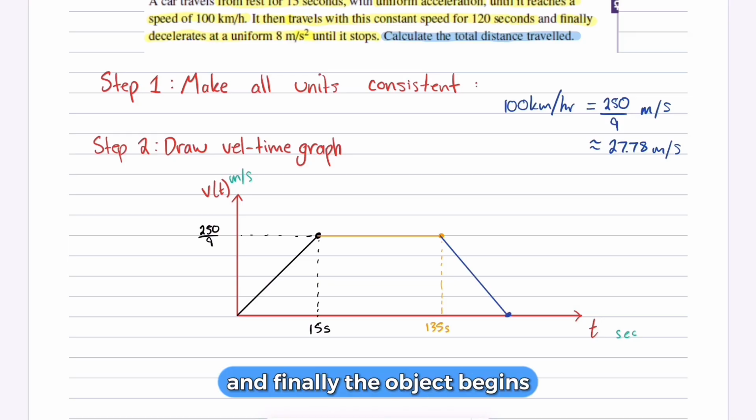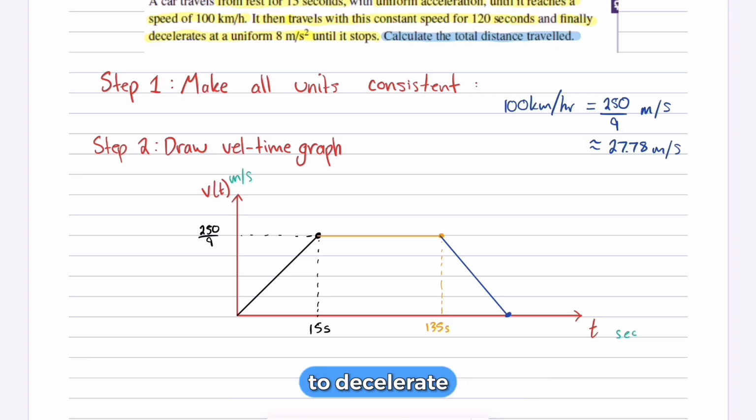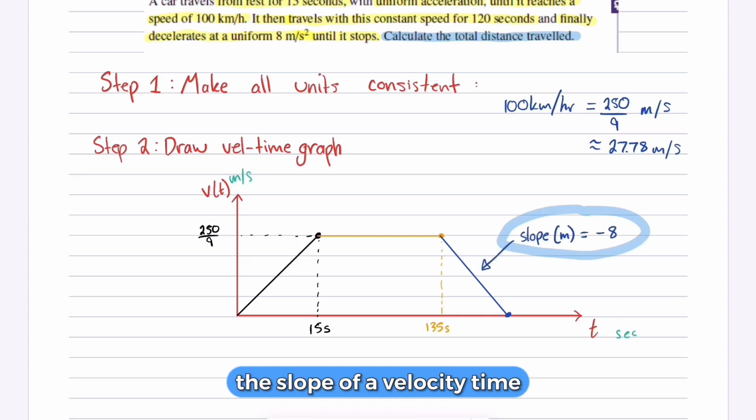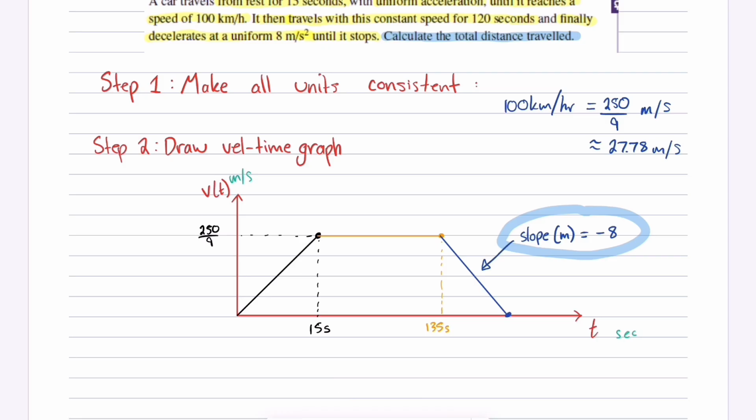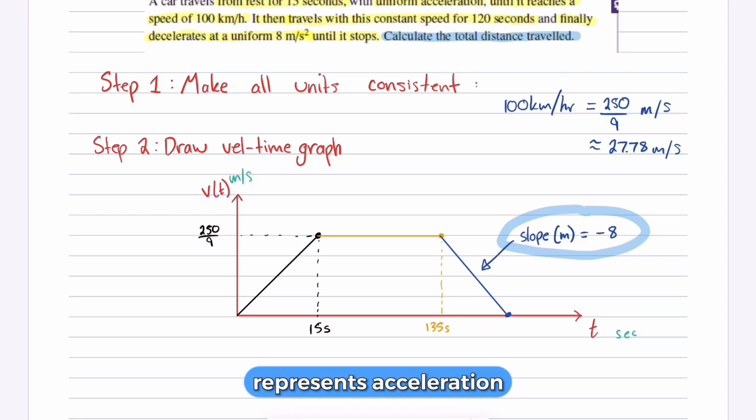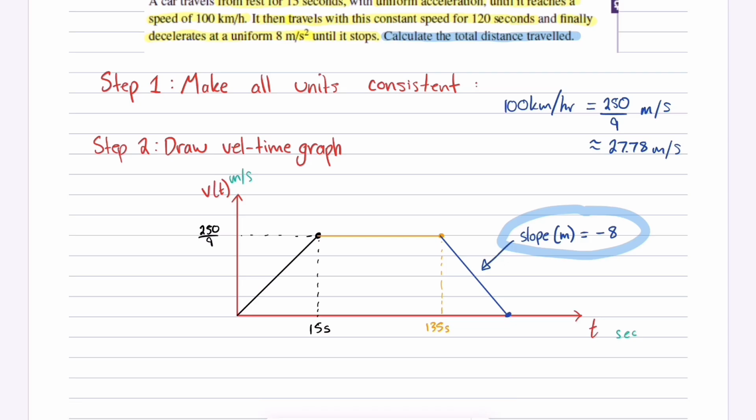And finally, the object begins to decelerate at a uniform deceleration rate of 8 meters per second squared. So we're going back down. And because we're decelerating, right, if you watched my last 2 videos, the slope of a velocity time graph represents acceleration. So therefore, the slope of this last line that I've drawn is -8.